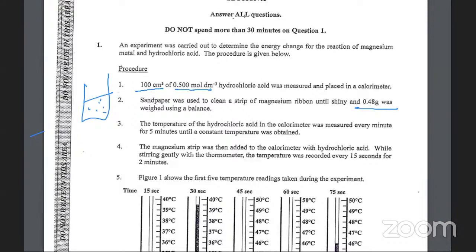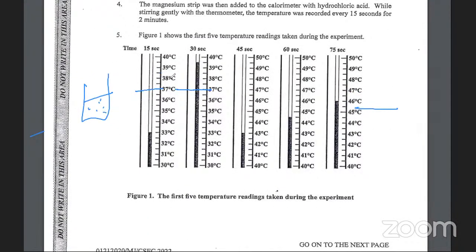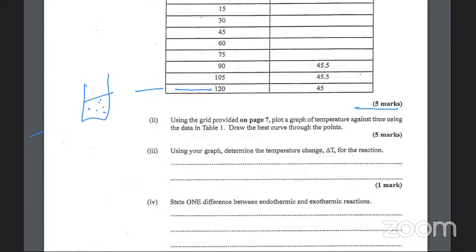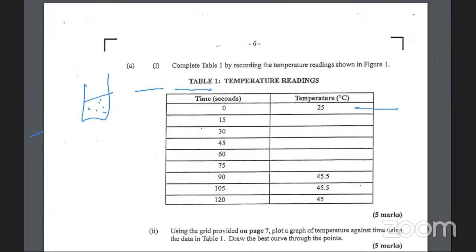So from that, we have the temperature readings here. Scroll down to the table. In this table, we have the time in seconds and temperature, and we are supposed to complete the table.